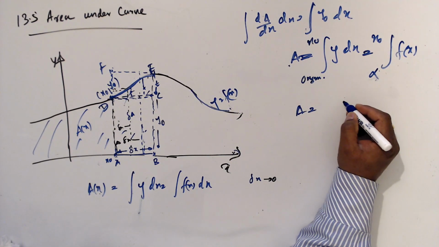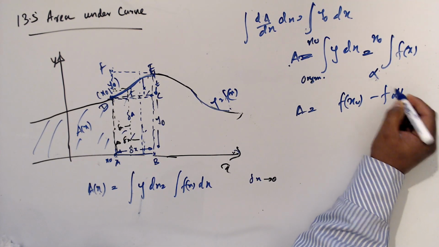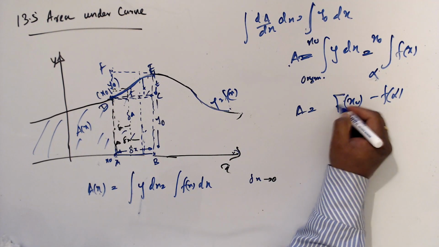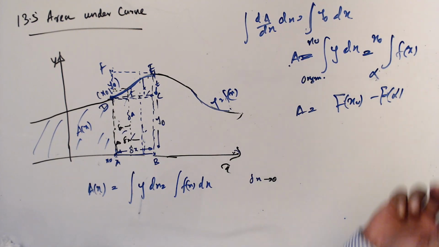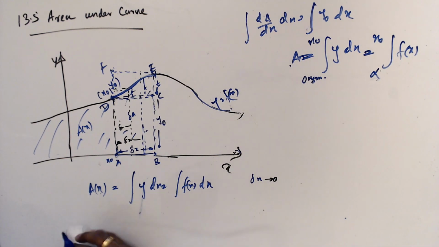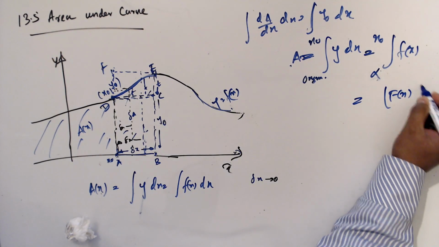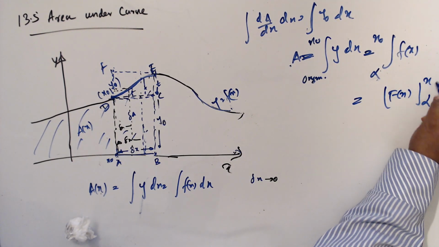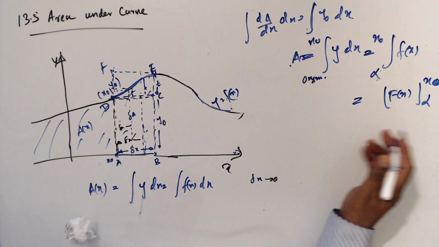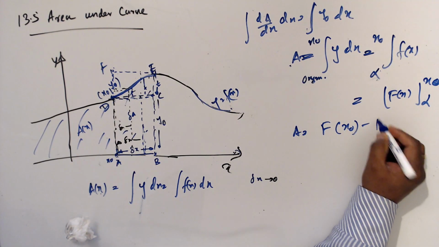A equals F(x naught) minus F(alpha). I use capital F because it is going to be a cumulative. To understand, I will do it like this. When you integrate f(x), you will get F(x), from alpha to x naught. I think now it is more meaningful. Now when you evaluate this one, A equals F(x naught) minus F(alpha).